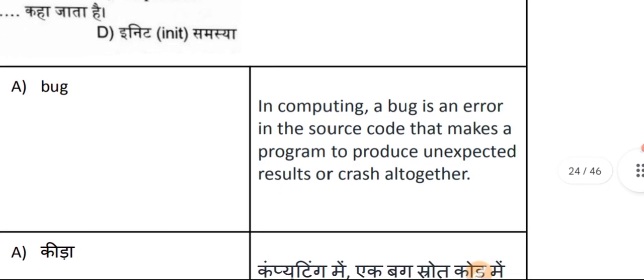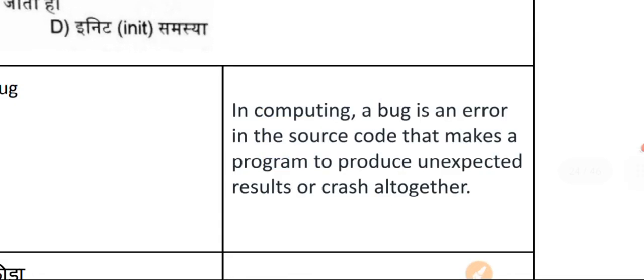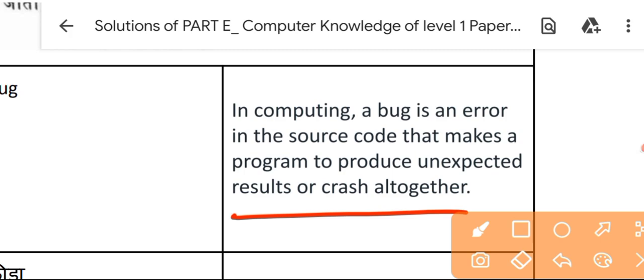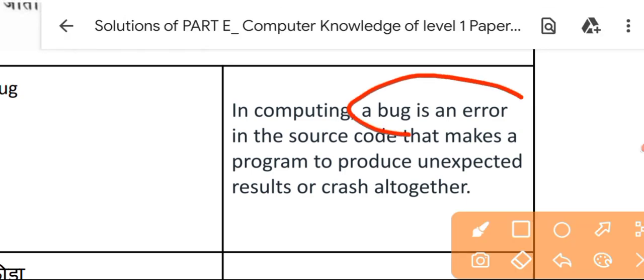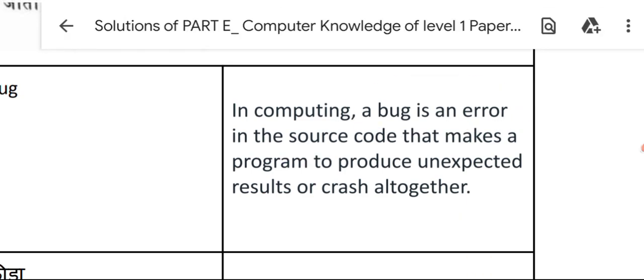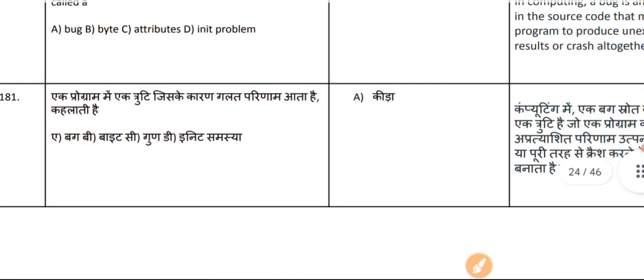In computing, a bug is an error in source code that makes a program produce unexpected results or crash. You always solve a bug, an error in source code that makes a program produce unexpected results.